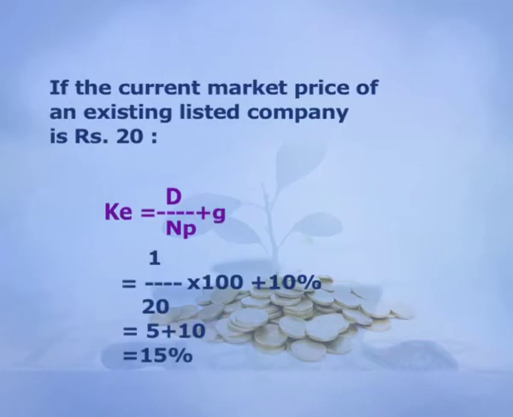If the current market price of an existing listed company is rupees 20, KE is equals to 1 divided by 20 multiplied by 100 plus 10%, which is equals to 5 plus 10 and which is further equals to 15%.